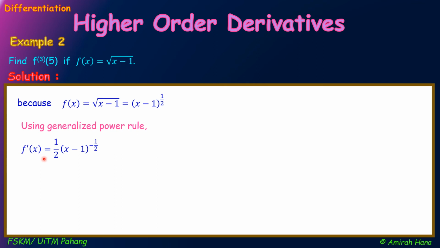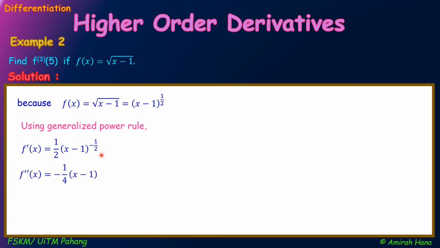From the generalized power rule, we move the power to the front, copy the function in the bracket, and from the original power we minus 1, so we get negative half. Then we differentiate the function in the bracket, but it equals 1, so no need to write.